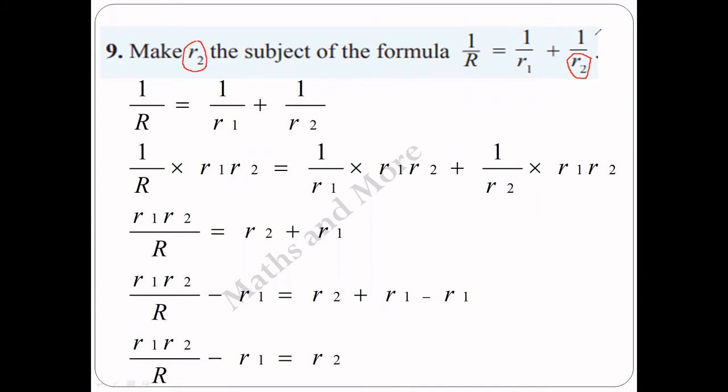To make R2 the subject, I have used this method. Let's write the equation. Here R2 is not R into 2. Here this is a subscript R2, not a multiplication. Okay. Then this is not 2R.